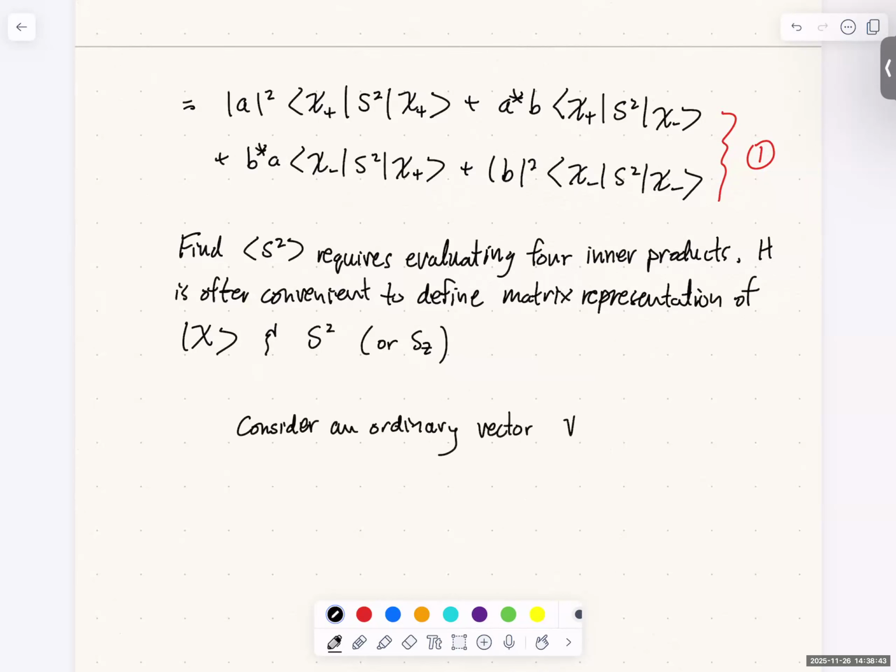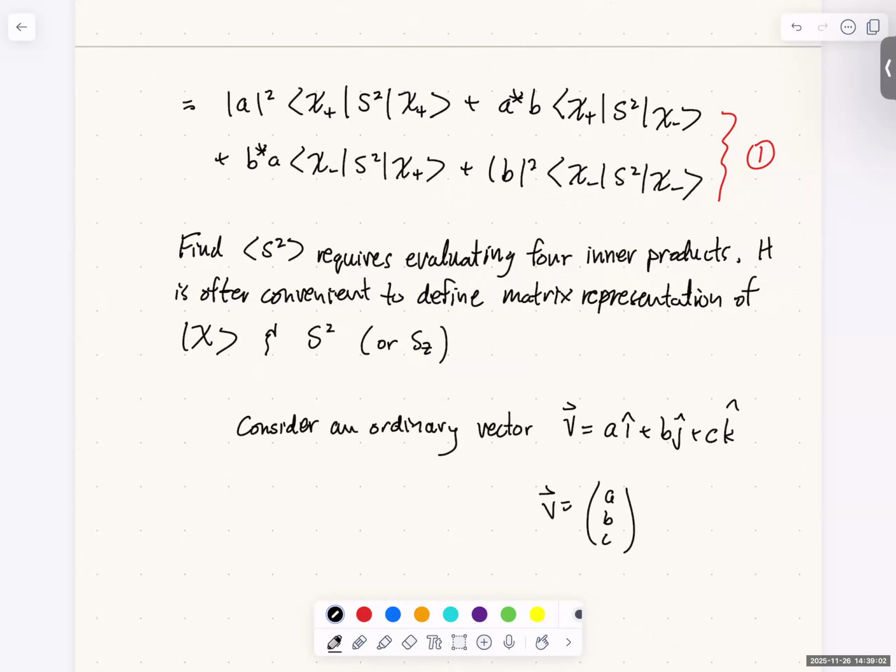So I'm going to say some vector v is a i hat plus b j hat plus c k hat. Nobody would object if I said I could represent that vector as a column matrix, and I'll write it as a, b, c.